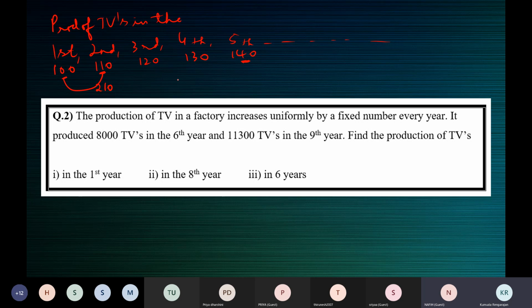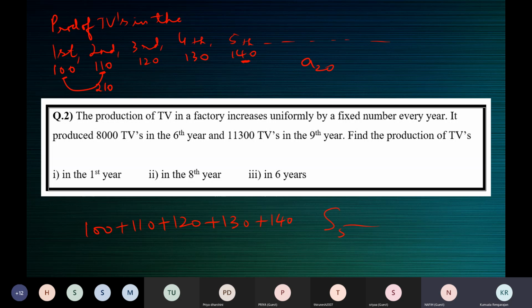But the production in 5 years will be 100 plus 110 plus 120 plus 130 plus 140. So the production in 5 years is S5. The production during a particular year, how many televisions were produced in the 20th year, is A20.